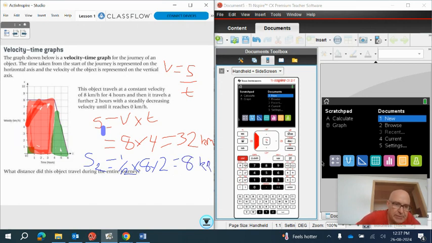So the total distance is going to be 40 kilometers. And that's how we calculate the distance traveled, or the displacement.